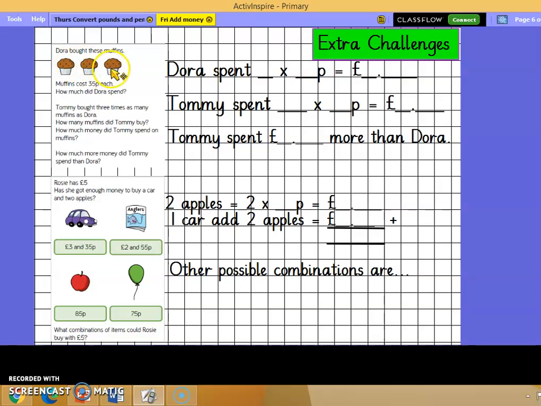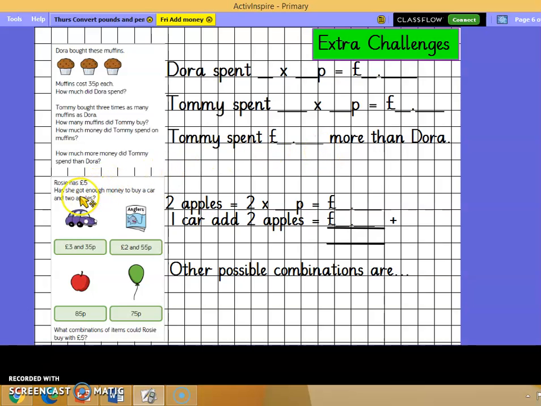So if she had 3 muffins and he had 3 times that, how many muffins did he have? That's right, 9. So we will be doing 9 times 35p to find that answer. Lastly, how much more money did Tommy spend than Dora? So whatever Tommy spent, you take away Dora's money to find out how much more he spent.